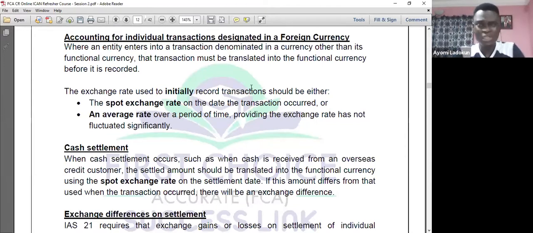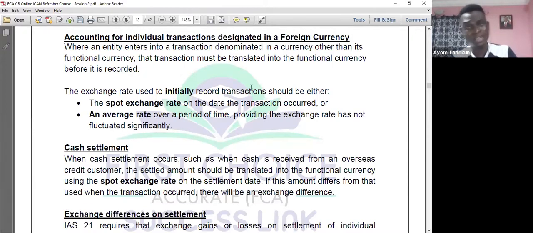Even though it doesn't really involve movement of cash, what the standard setters are trying to do is that the effect of foreign exchange changes should be recognized in the financial performance.